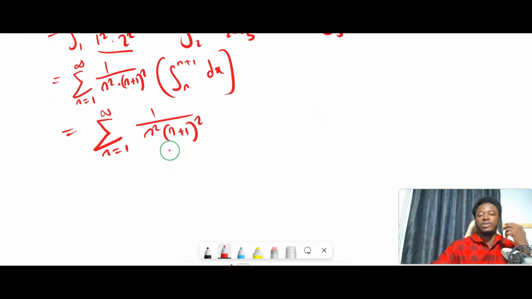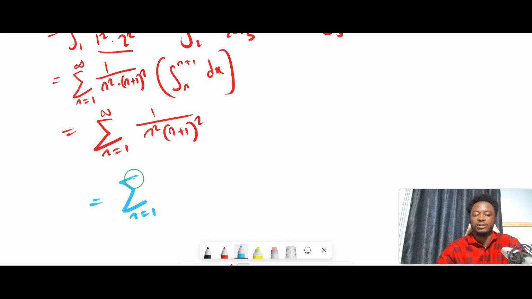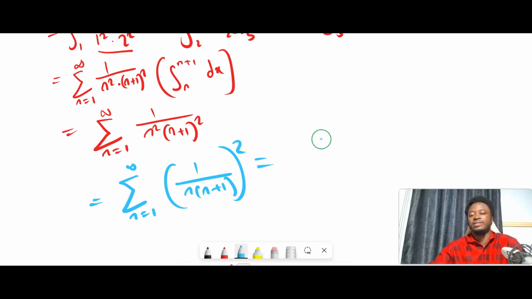To evaluate this sum, we recognize that this is a square: the square of 1 over n times n plus 1, and you can write this as the square of 1 over n minus 1 over n plus 1.